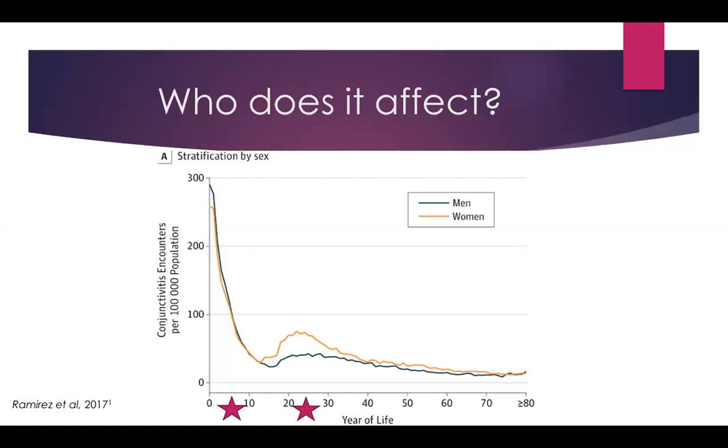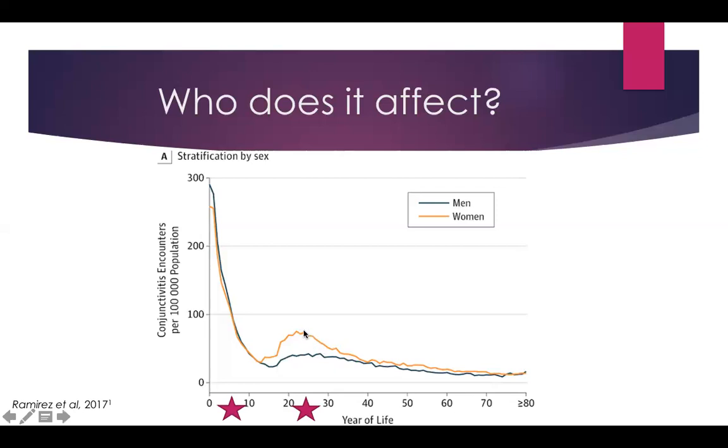Another theory is that women are maybe in the workplace, in schools or daycares or places with children more often, and are more likely to be infected that way. So according to the study, there was actually a gap between the genders as well. As you can see here, women are in orange, and the cases of men with pink eye are in blue.